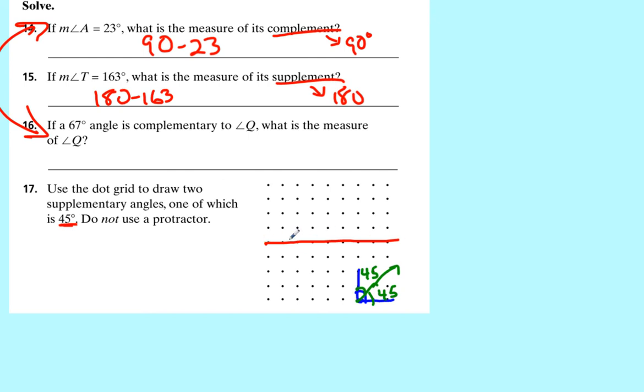Let's put it, I don't know, right here. And then we just make our ray going at this kind of angle here. Yeah, we can keep these going. We can label these A, B, C, and E, because E is a good letter. So here's our two supplementary angles.